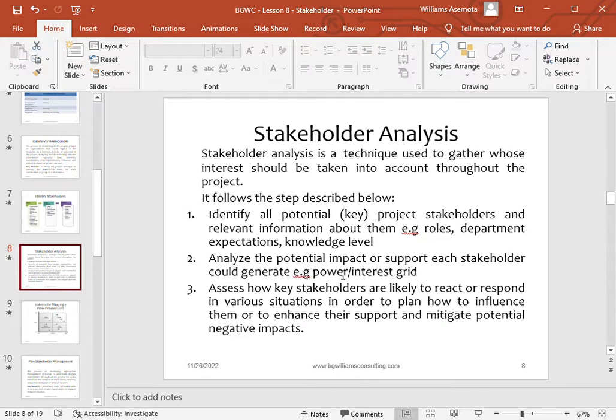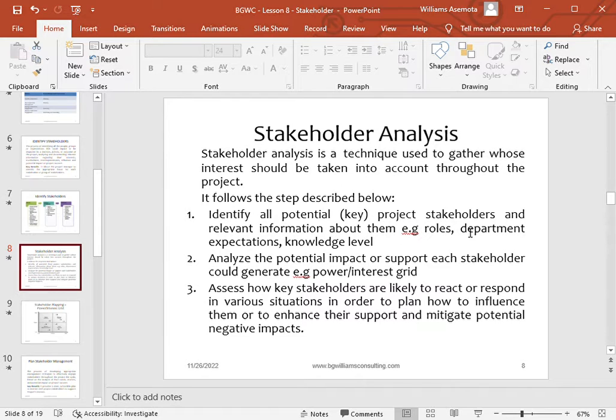So stakeholder analysis, in a simple definition, is: after the stakeholders have been identified, you are now digging deep to find out what is the level of interest this particular stakeholder A has in this project. What is his position in the organization?